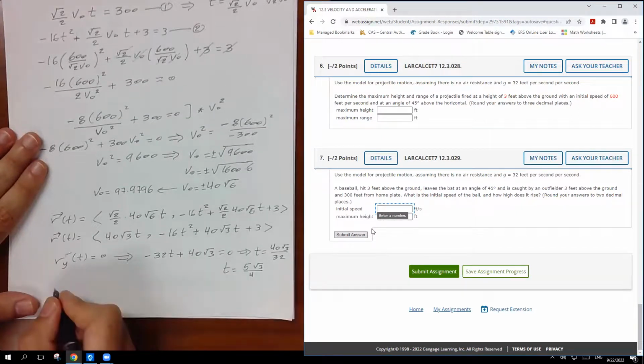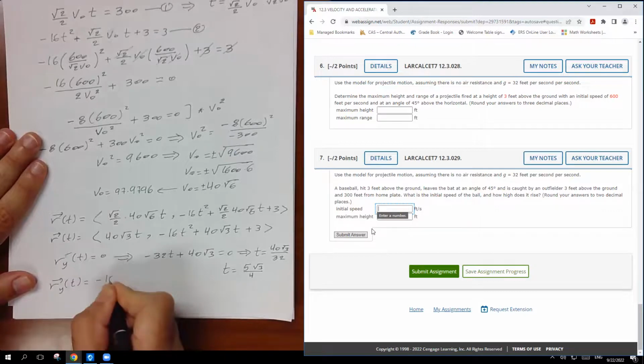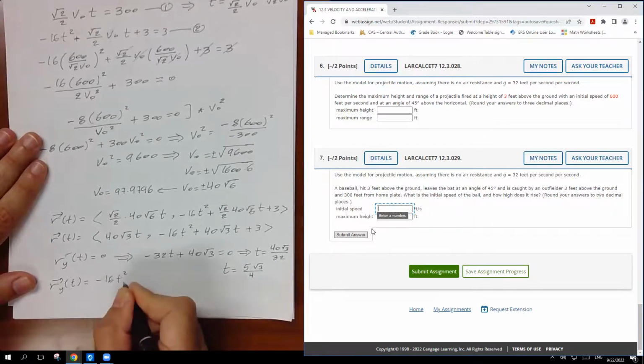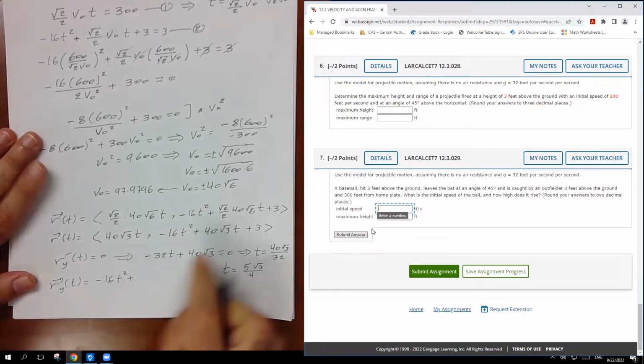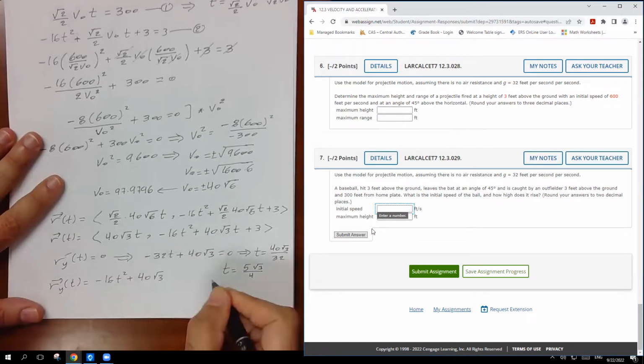That means the position with respect to the time is going to be equal to negative 16 t squared plus 40 square root of 3 t plus 3.